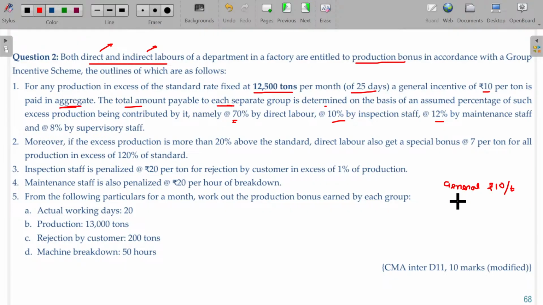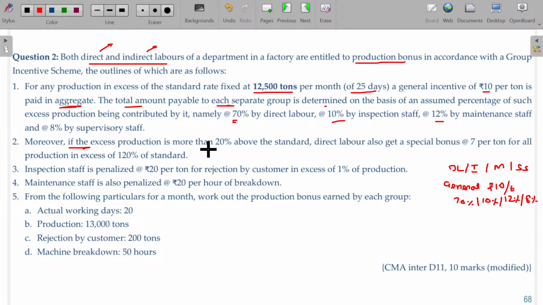So 70% for the direct laborer, 10% for inspection staff, 12% for maintenance staff, 8% for supervisory staff.